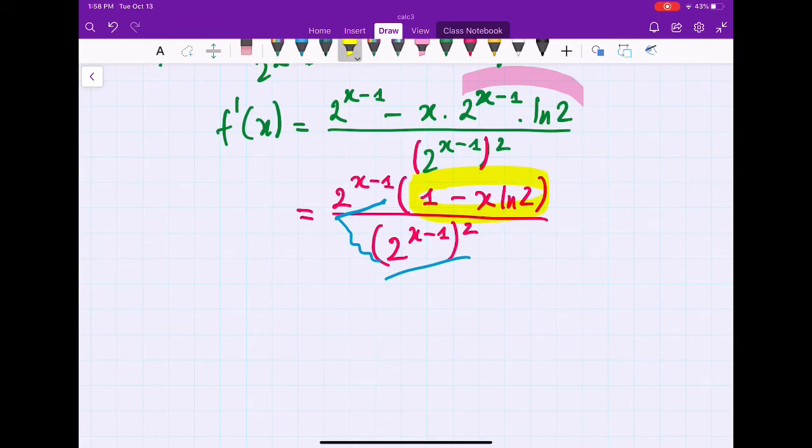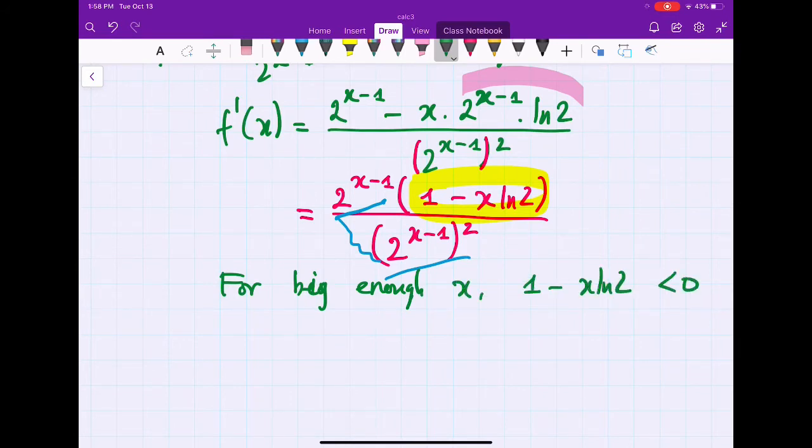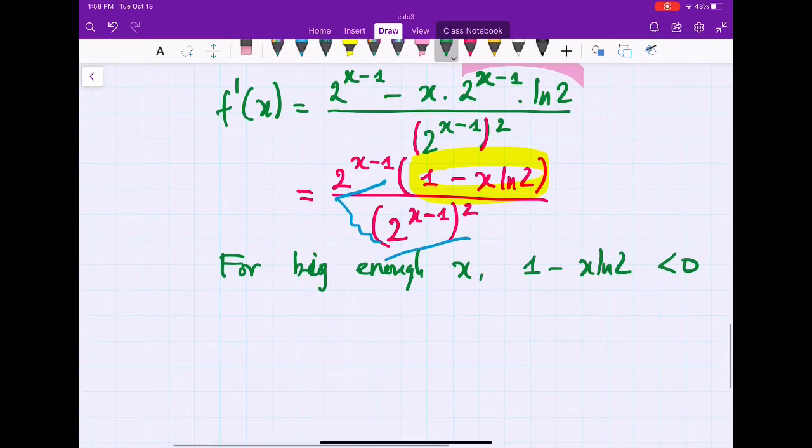And you see, for big enough x, I can draw in here, 1 minus x ln 2 is less than 0. Okay, so that means the derivative is less than 0. Here I think it's enough to pick x equal to 2 or maybe 3.